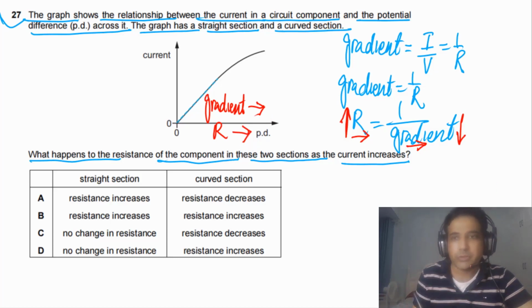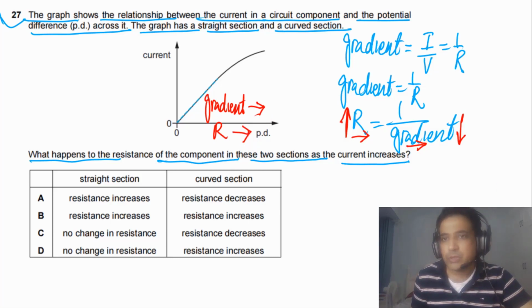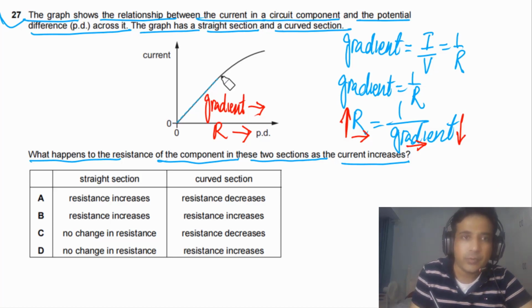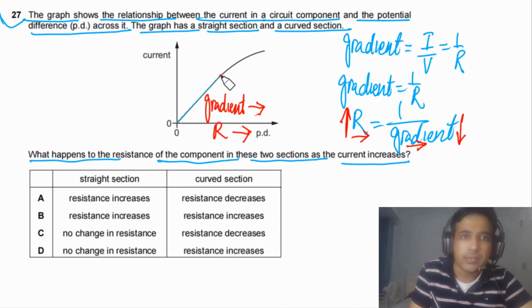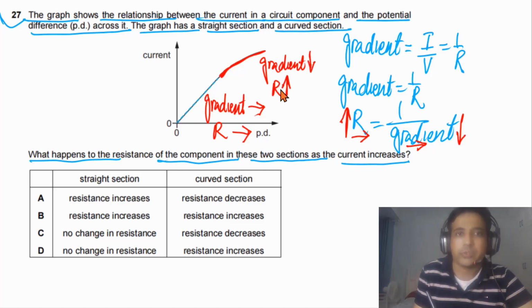No change in resistance. Now if we go to the second part, this part is curved and the gradient is decreasing. So we can write down that the gradient decreases in this case. So if the gradient decreases, it means resistance will increase.